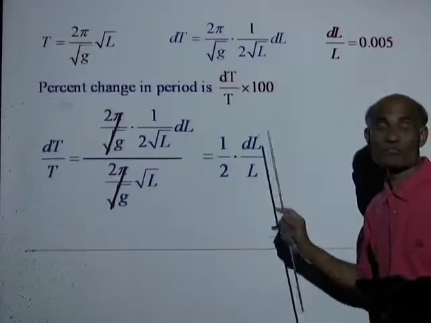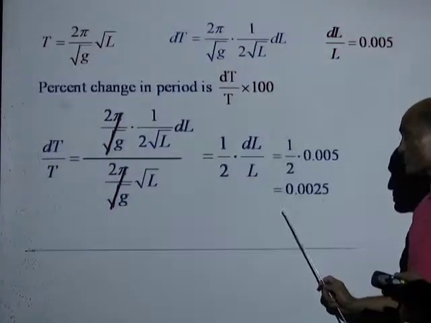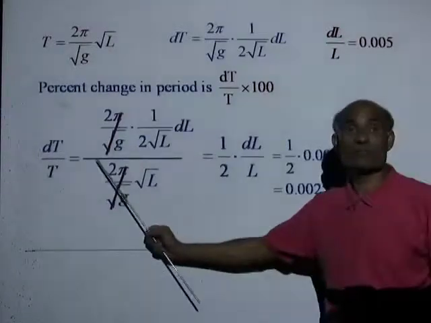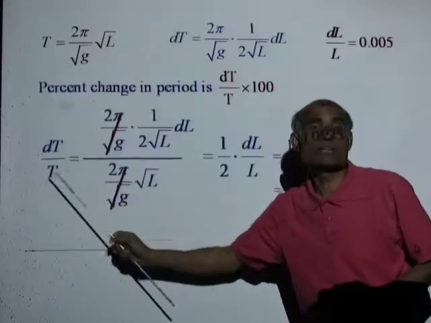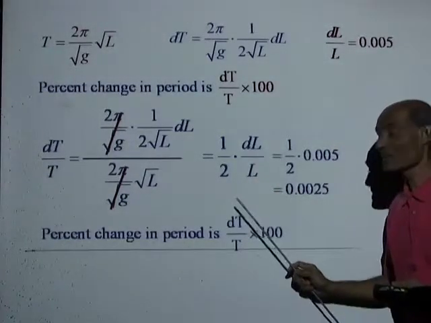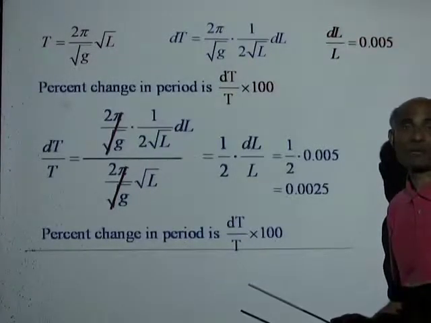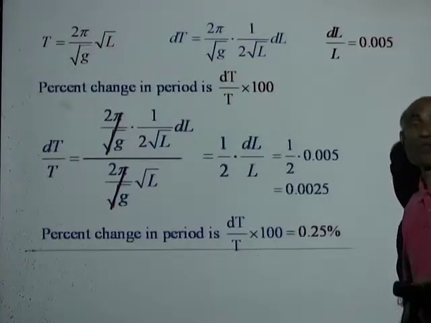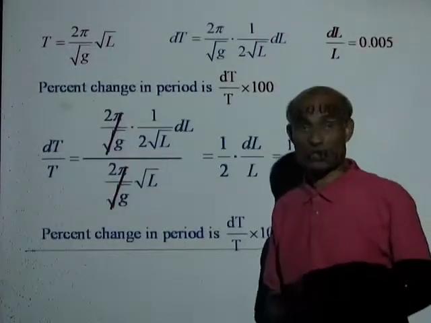Replace this by 0.005, and that gives you 0.0025, the relative error dT over T. Therefore, what is the percent error? The percent error is dT divided by T multiplied by 100, that is 0.25%. All right, that's a good problem.